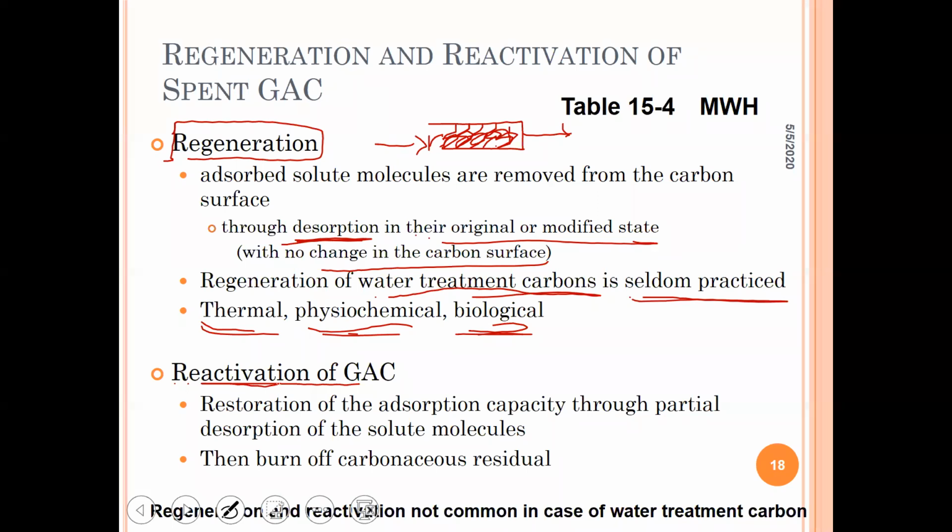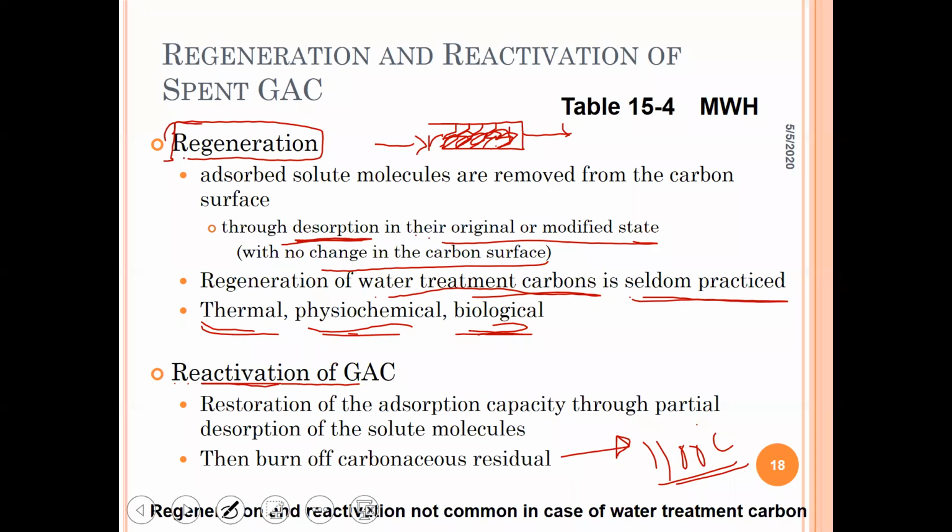You try to remove some attached adsorbate from the surface, either thermally, physiochemically, or biologically, just like regeneration, and then burn again at 800 to 1100 degrees centigrade to remove all carbonaceous residue.